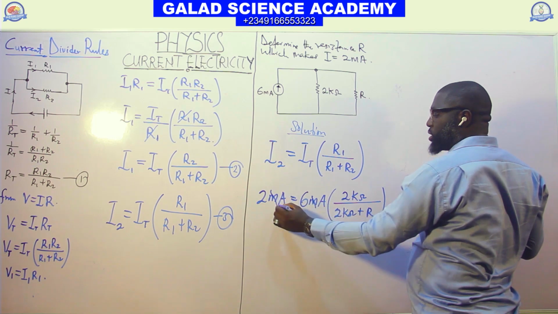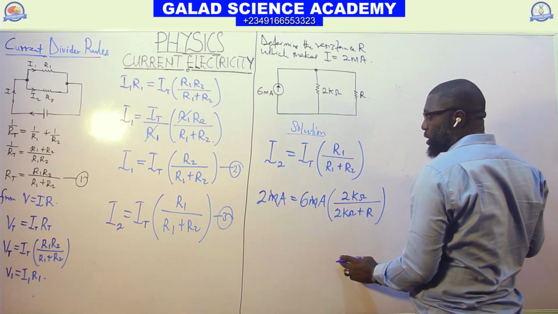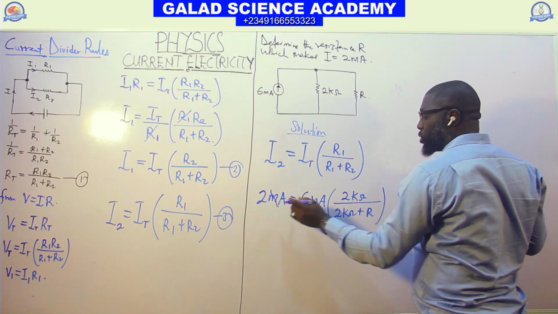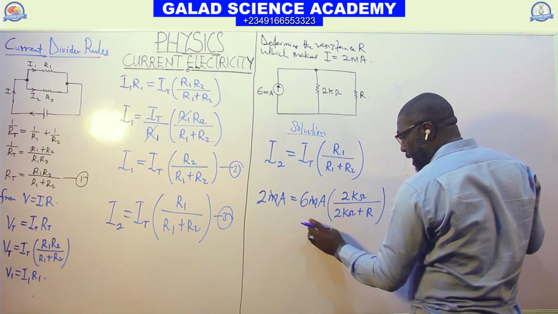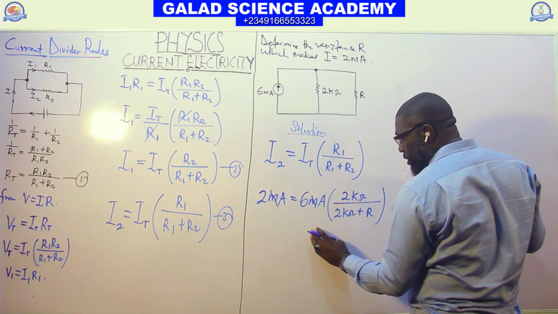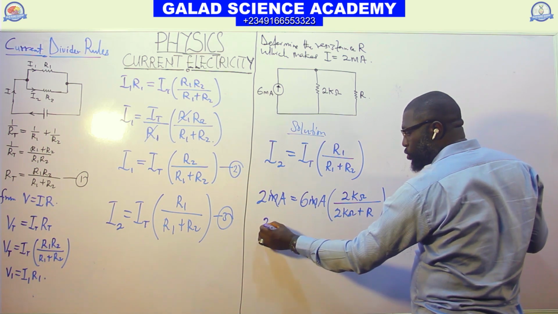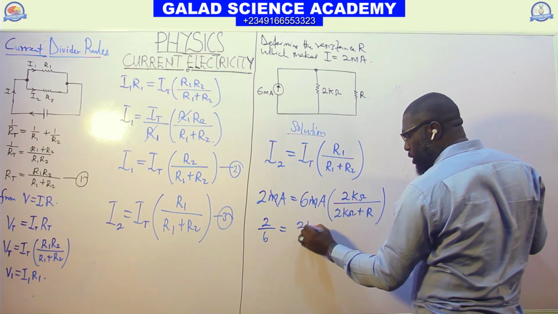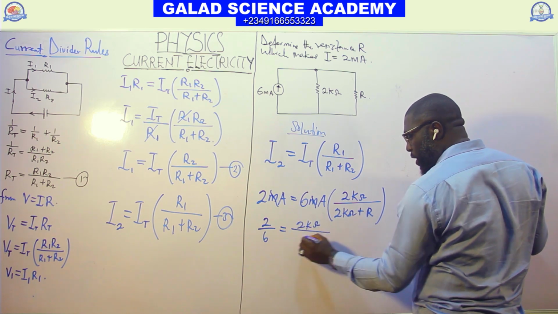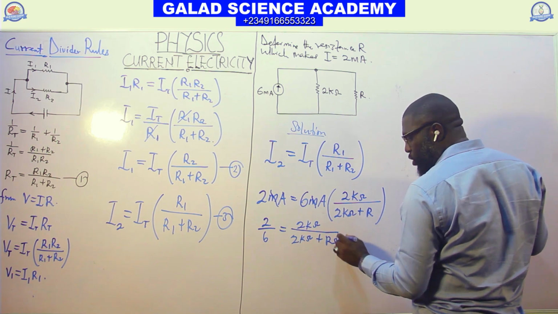So cancel this. Good. 2 over 6 will be equal to 2 kilo ohms over 2 kilo ohms plus R in ohms.